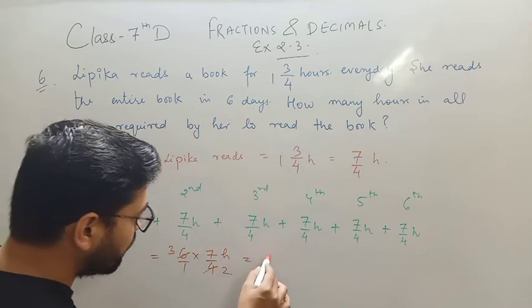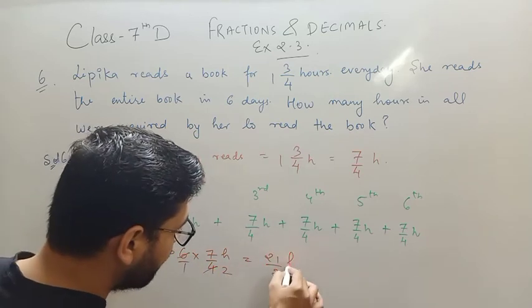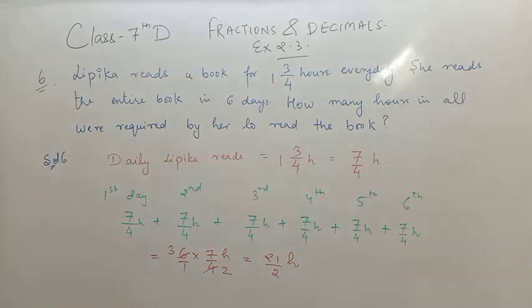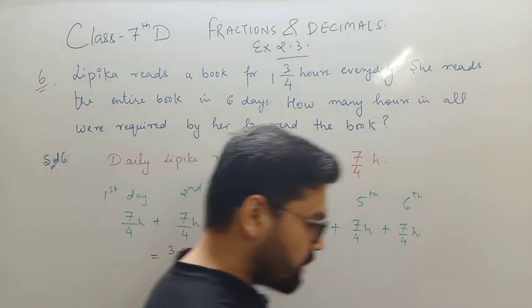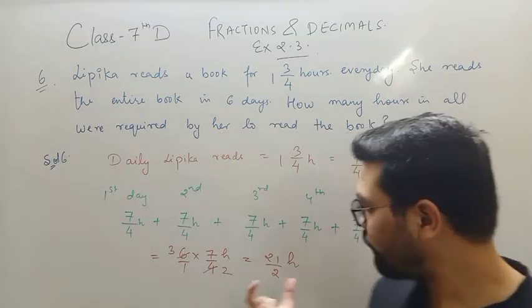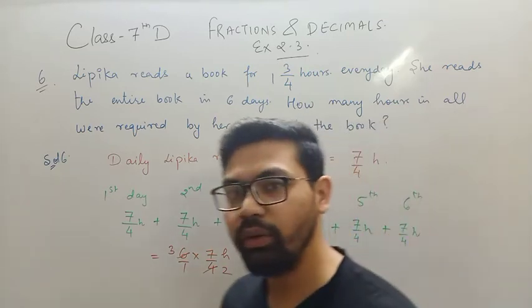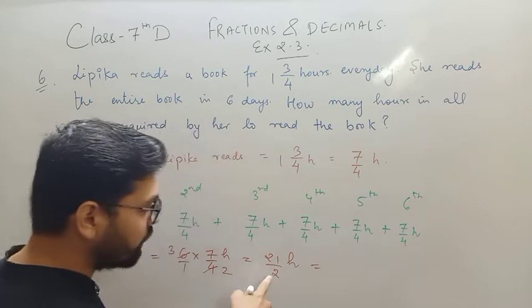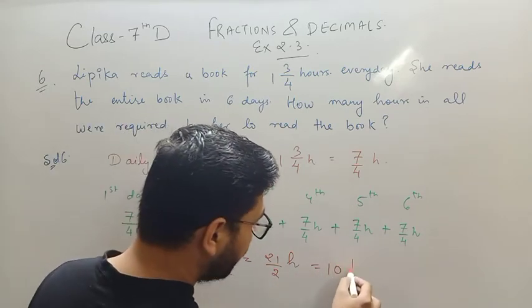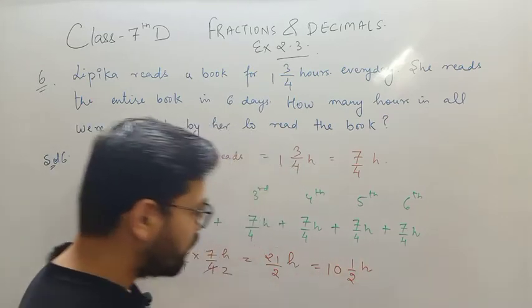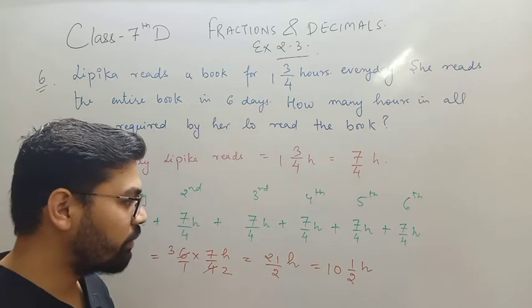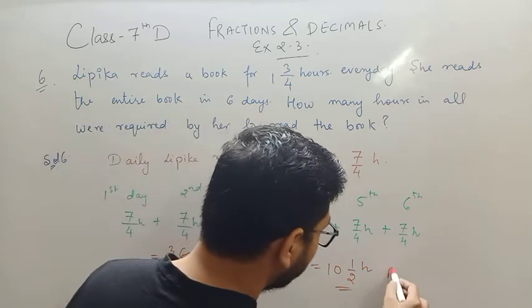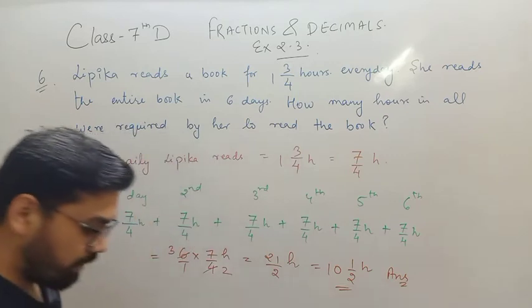So 7 3s are 21 divided by 2 hours, right? So in all 6 days, in terms of hours she devoted 21/2 hours to complete that book, okay? Or you can simply write 10 1/2 hours. 10 2s are 20 plus 1, 21/2 hours. So this much time Lipika took to read that complete book.